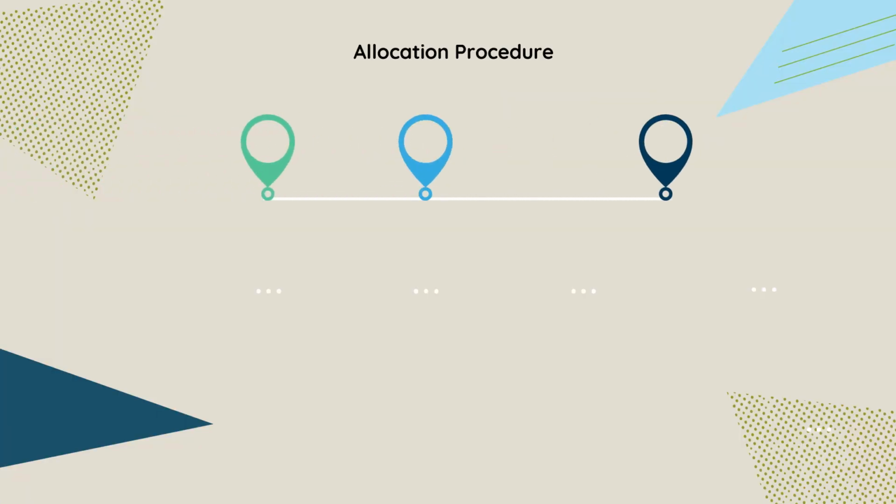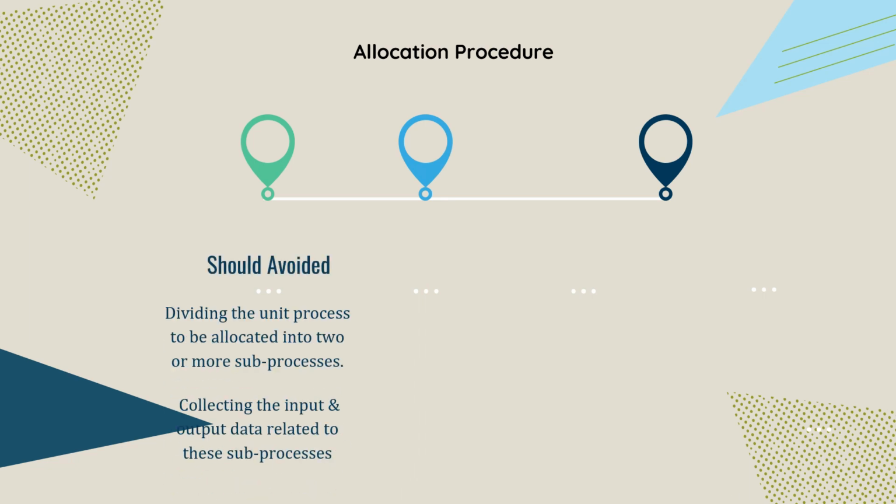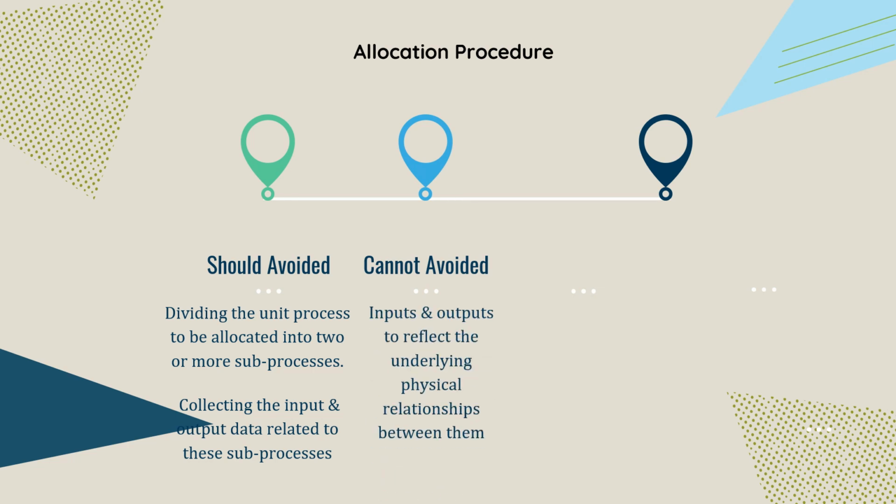So, for allocation procedure, firstly, you should avoid dividing the unit process to be allocated into two or more sub-processes, collecting the input and output data related to this sub-process. Next, if you cannot avoid it, input and output should reflect the underlying physical relationship between them.